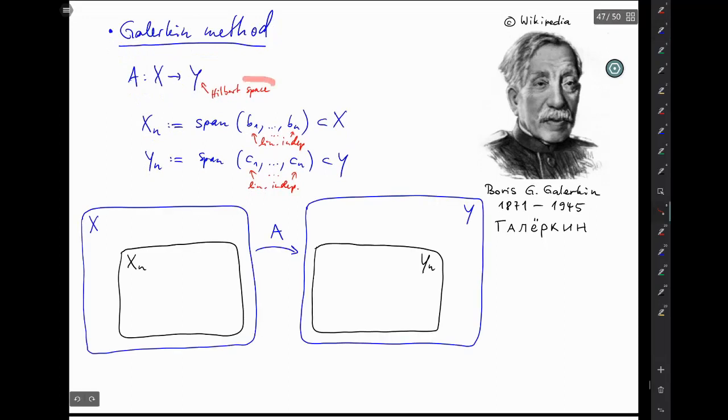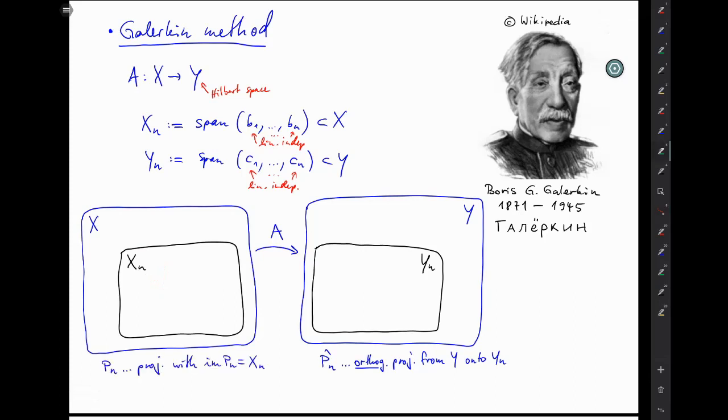Okay, and now Hilbert space and orthogonality come in. You want the projection on this side that brings you down from y to yn to be the orthogonal projection. Whereas on the other side, let's assume we have any projection Pn from x onto xn.